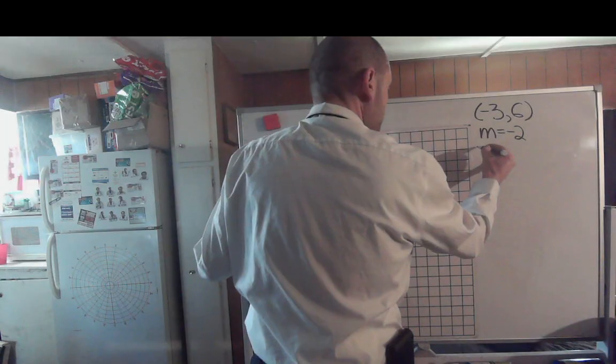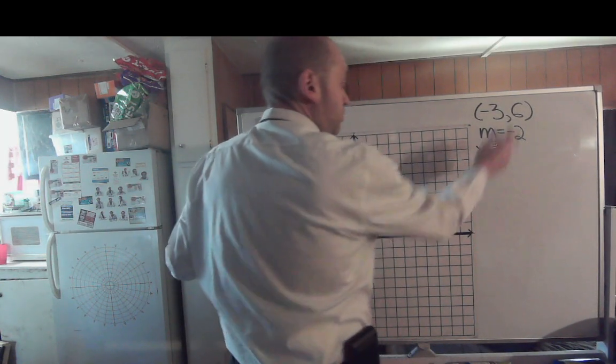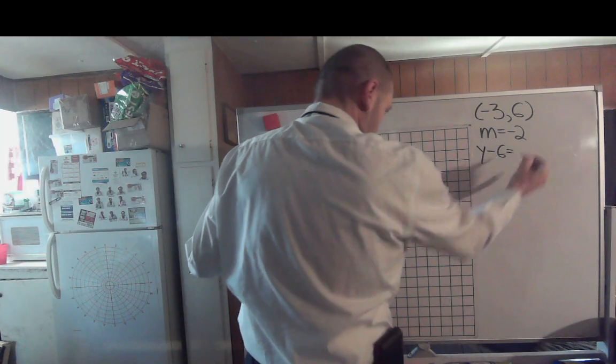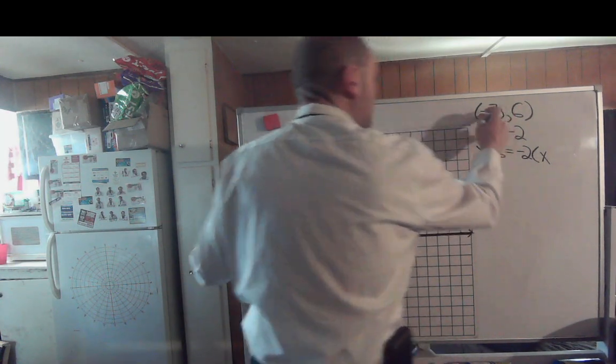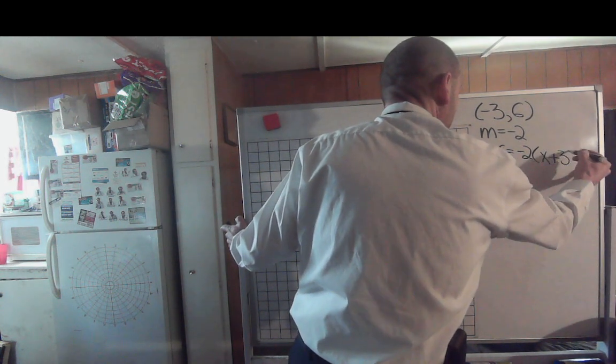So that's going to be y minus your y1, which is 6, is going to equal your slope of -2 times the quantity of x minus the x1, x minus -3, that's x plus 3.